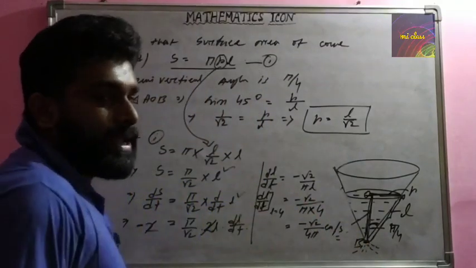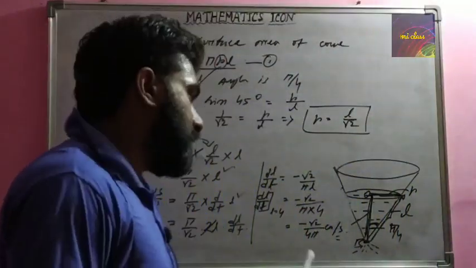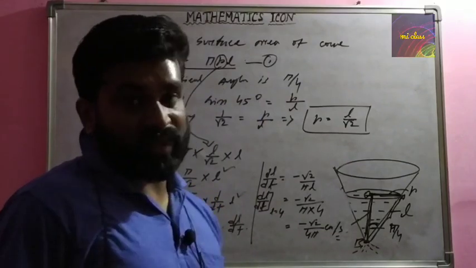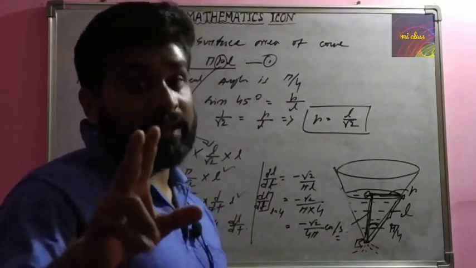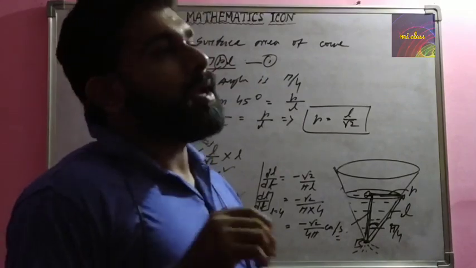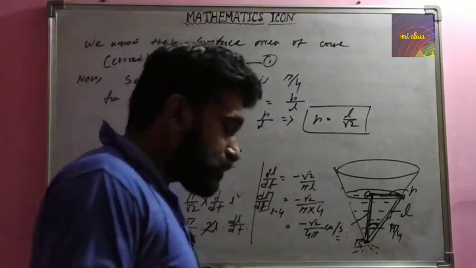That means the slant height is decreasing at the rate of root 2 by 4 pi centimeter per second. Here it is centimeter per second because L is a length, so the power of centimeter is 1. For area the power is 2, for volume the power is 3.